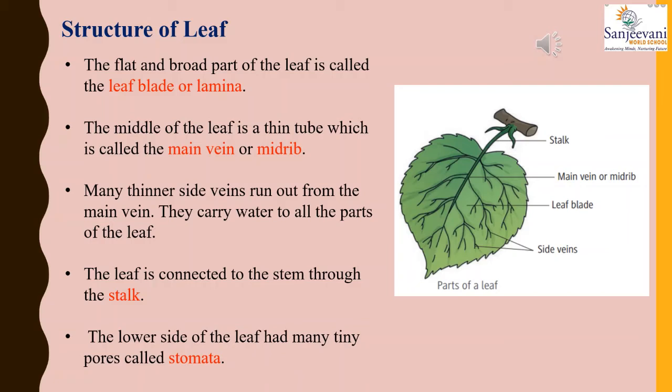Then in the middle of the leaf, you can see a thin tube called the main vein or midrib. Then many thinner side veins run out from the main vein and they carry water to all the parts of the leaf. Then the leaf is connected to the stem through the stalk. And as we all know, the lower side of the leaf has many tiny pores and these pores are called stomata.